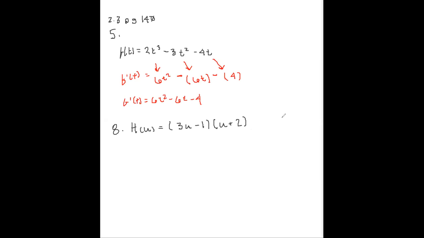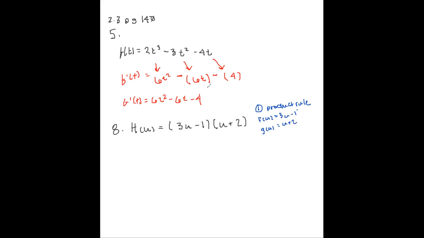Product rule. We could actually multiply them. Both of those are definitely valid ways to do it. To start with, we could use the product rule. So we would identify f of u as being 3u minus 1, and then we would say g of u is equal to u plus 2.